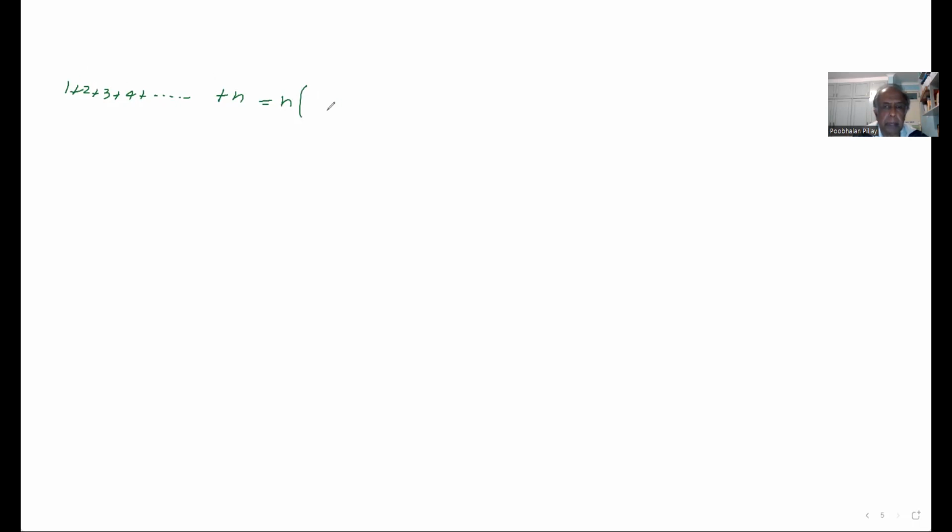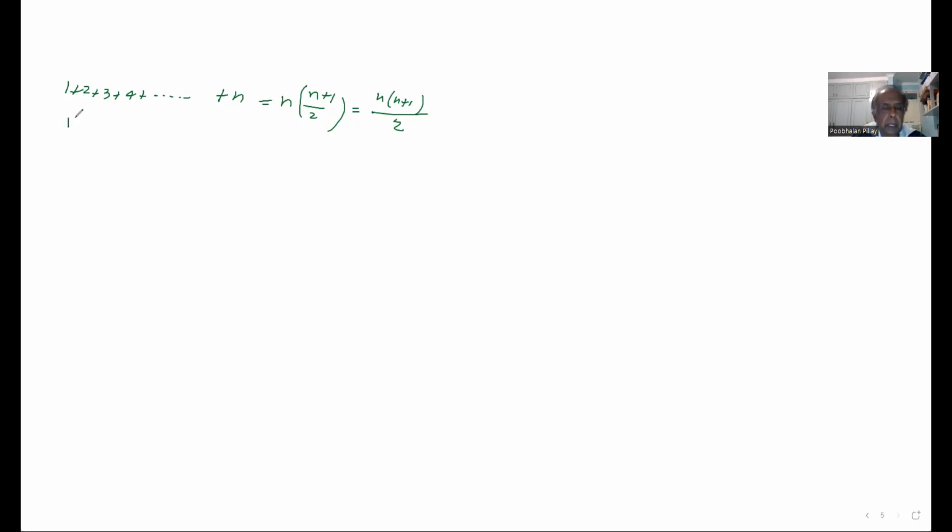So you got 1 plus n over 2, which is commonly written as n into n plus 1 over 2. Very important formula, which you should not forget. That is the sum of the first n natural numbers.